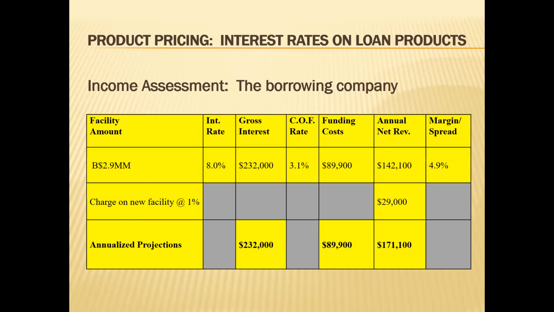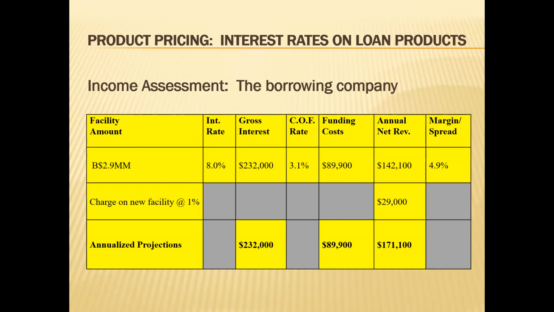So the facility amount, going down to the next row, is $2.9 million. The interest rate is 8%. And then it tells us what the gross interest is. So 8% of 2.9 million is 232,000. The cost of funds is 3.1%, and 3.1% of 2.9 million is 89,900.